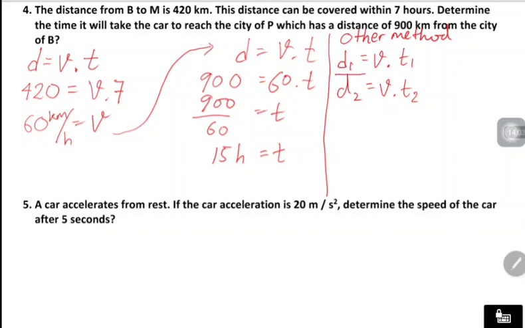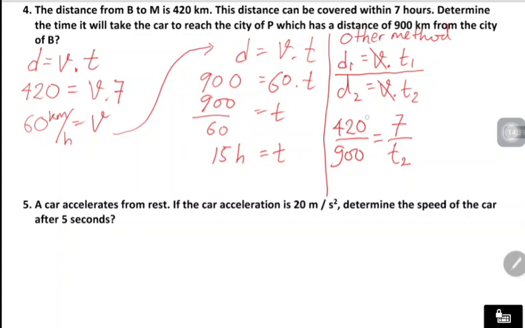We compare both of the journeys, then we get 420 divided by 900 equal to, we throw out the v because the v is the same, time 1 is 7 hours divided by time in the second process t2.